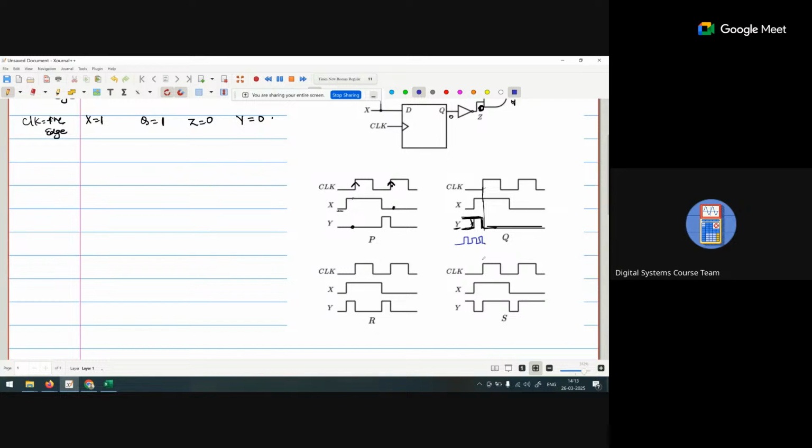Then after zero. No issue with that because we are not considering this condition. Why? Because the clock is not applied here. No effect of this one. When the clock is applied, after that we will see what the output is.